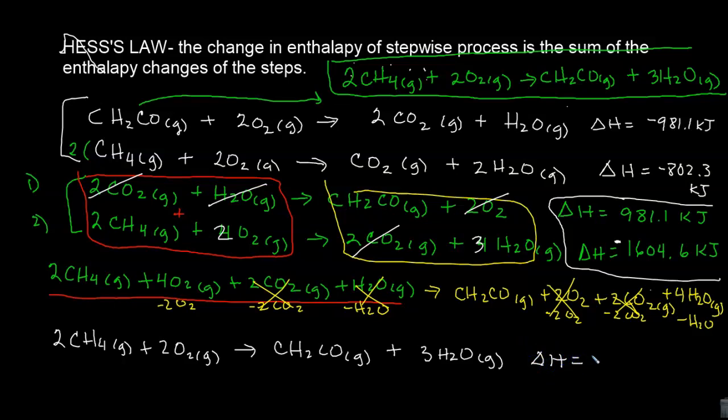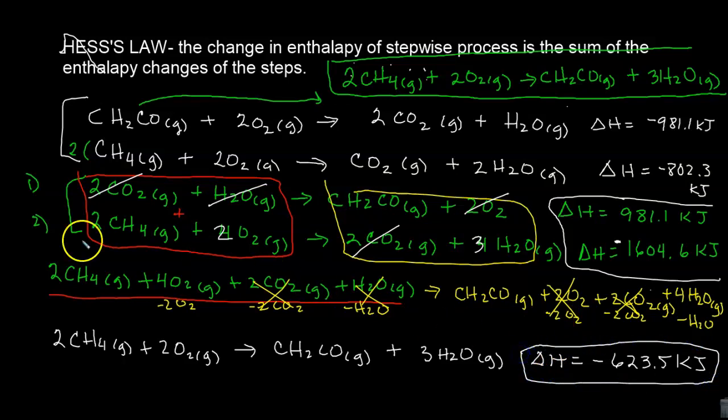So take your 981.1 and subtract 1604.6, and we get a negative 623.5 kilojoules. So that is your overall change in enthalpy, the heat of reaction, for this reaction to occur.